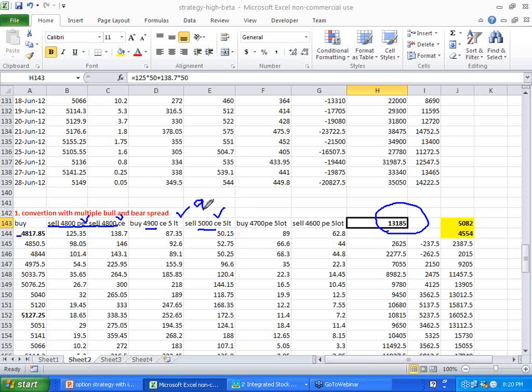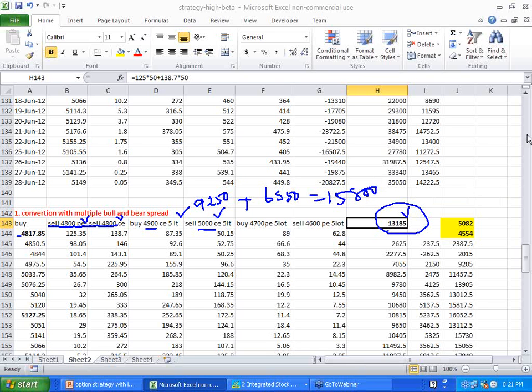And for the bear spread, because the 4,800 strike is already engaged, I used the 4,700 strike and 4,600 strike, paying 89 minus 62.8 into 250. So I have invested another 6,550 by taking 5 lots. So about 15,800 rupees I have invested.